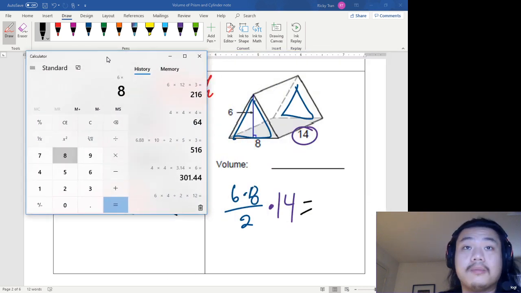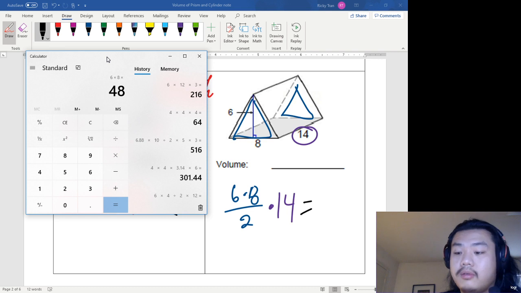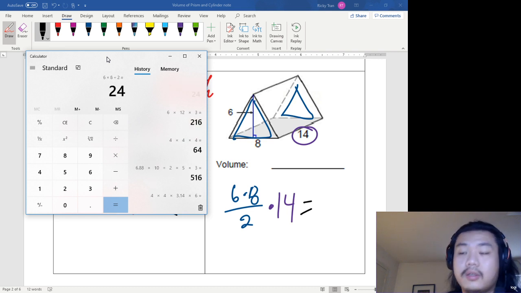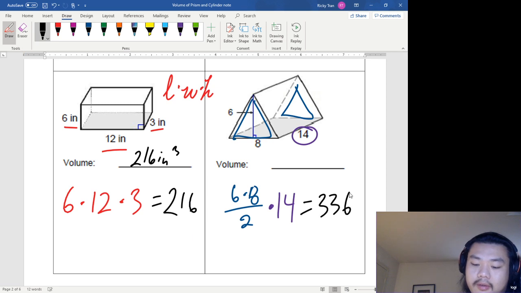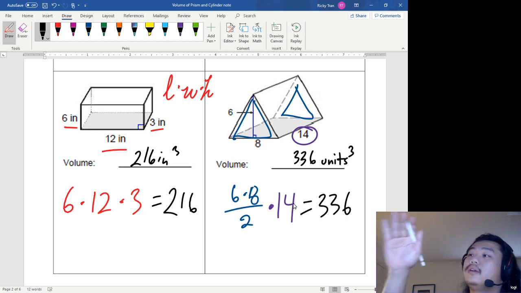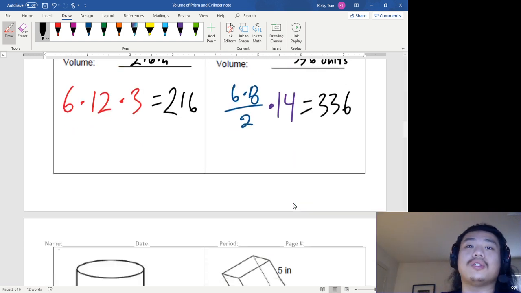So 6 times 8 divided by 2 times 14 is 336 units cubed, because there are no units on these. Very easy. Volume is super easy.